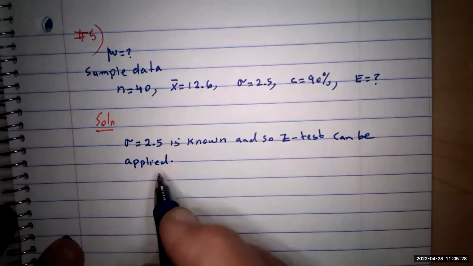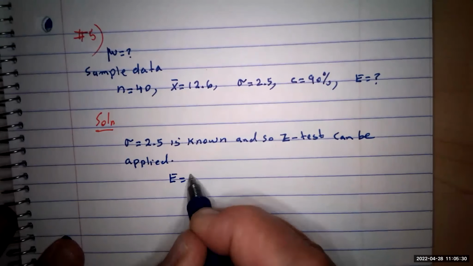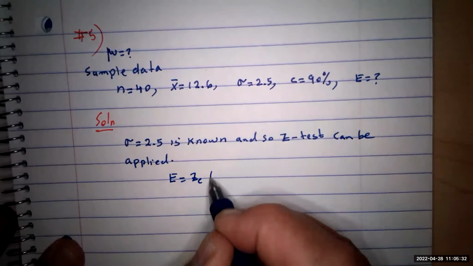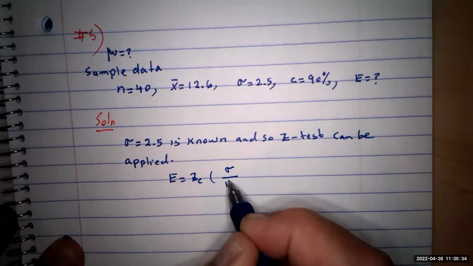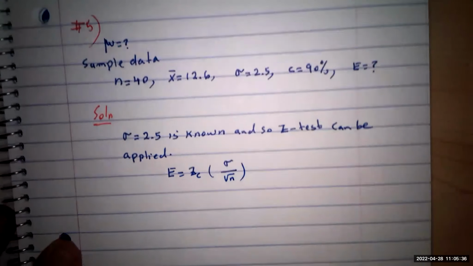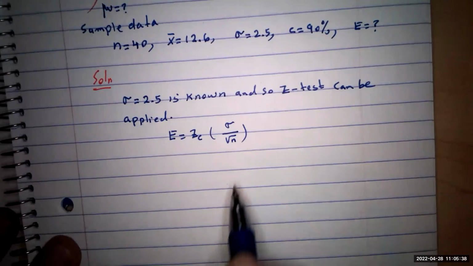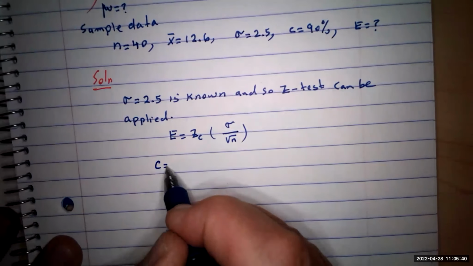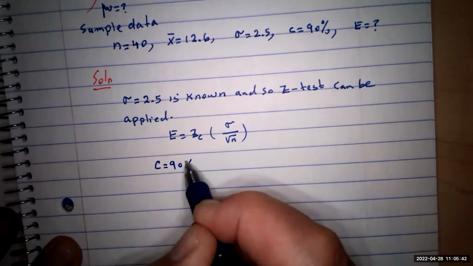So your formula for the marginal error is E equals ZC times sigma over the square root of n. We have to find the ZC for the 90%. C is equal to 90%.